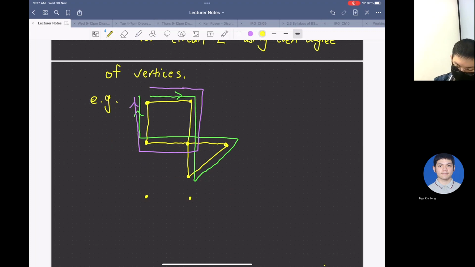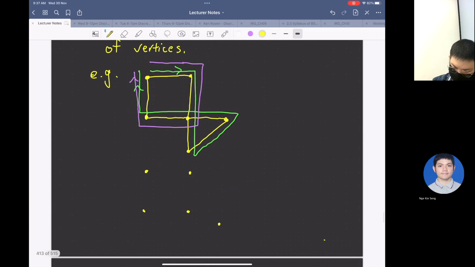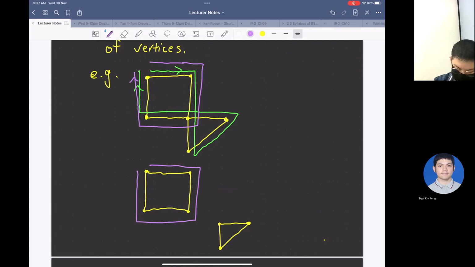Okay. So what do I mean by that? So you can split off these two. Okay. So let's say you found a smaller Euler circuit corresponding to a proper subgraph.